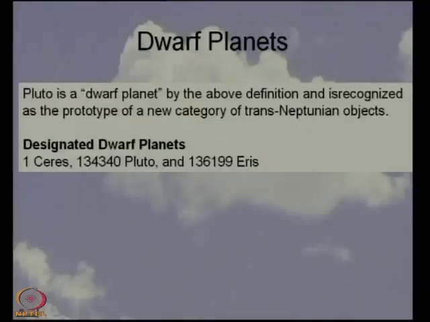One expects to find more in the future, and there are already two more which are designated dwarf planets. One of them is Ceres, which was earlier classified as an asteroid, and the other one is Eris, whose orbit I have shown you. So all three of these are now designated as dwarf planets. This was done because if you include Pluto, then you have to include these two, and many other objects in the solar system.